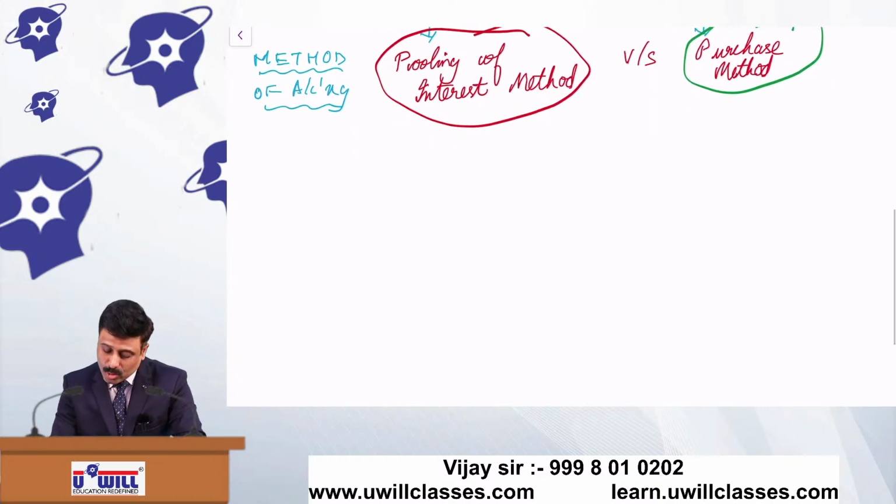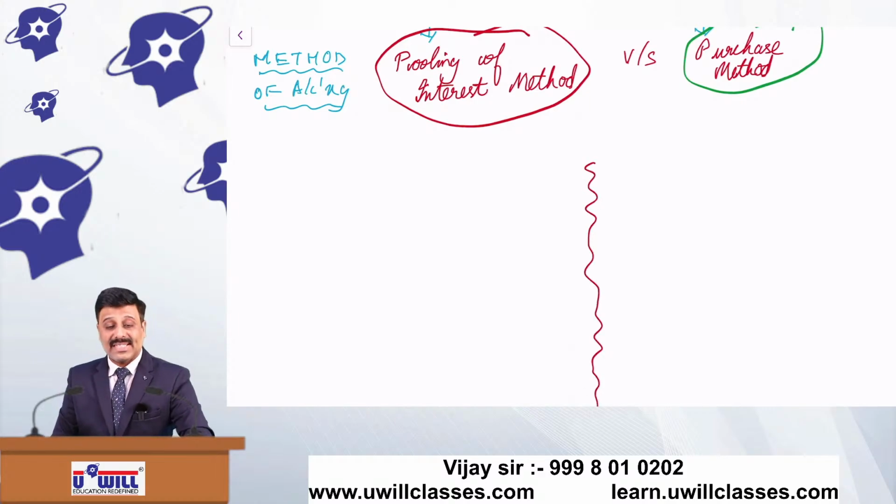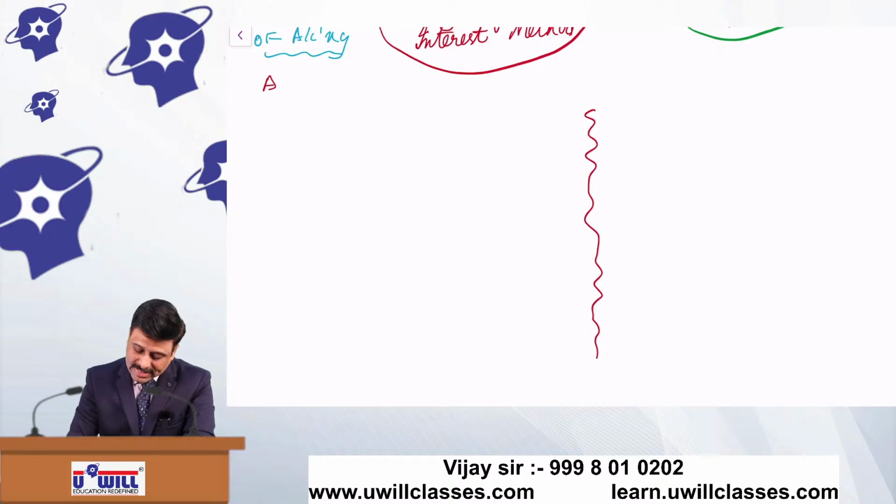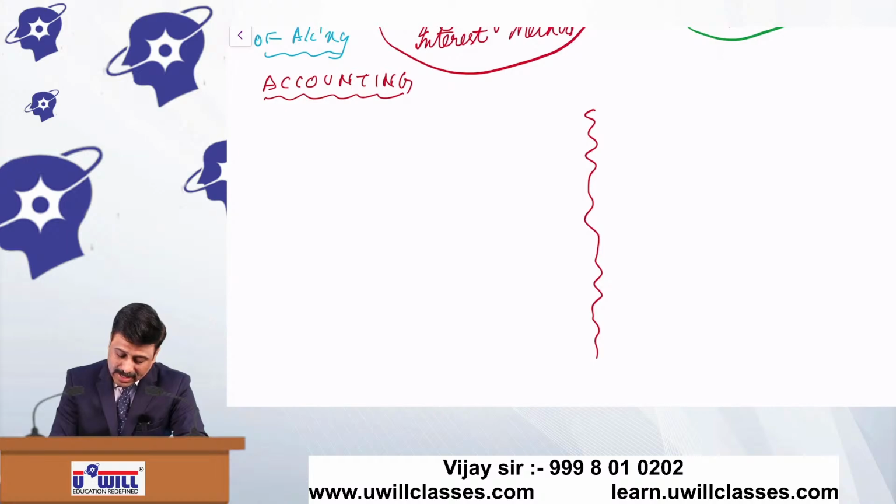Just make a bifurcation over here itself so that you understand how to pass the entries in each method. Left side we take up the pooling of interest method and right side we take up the purchase method of accounting.